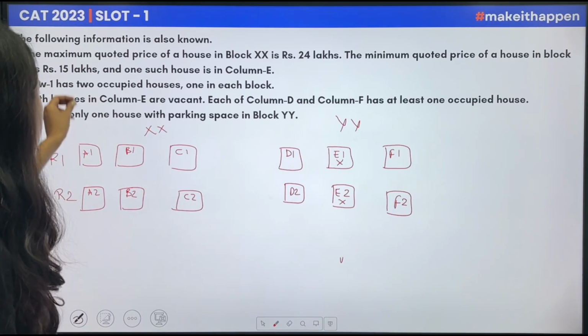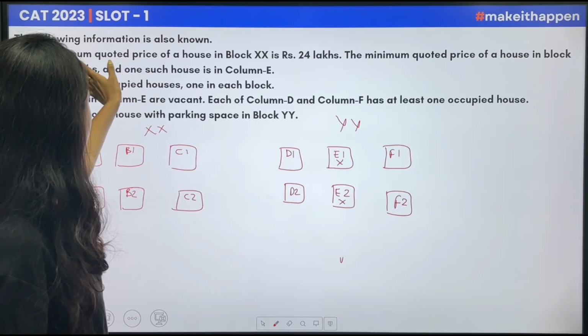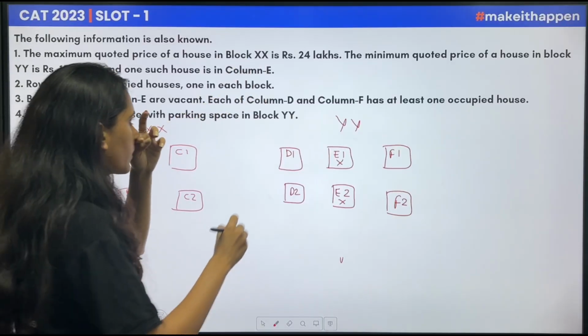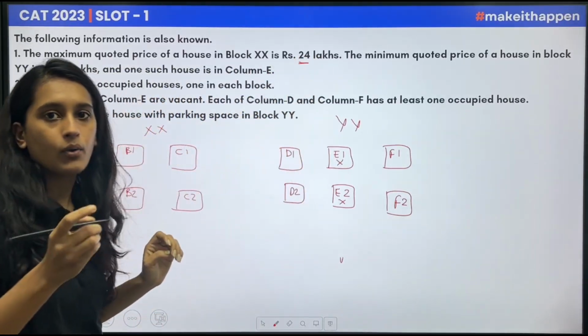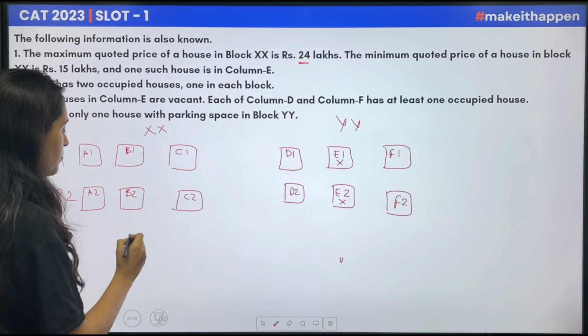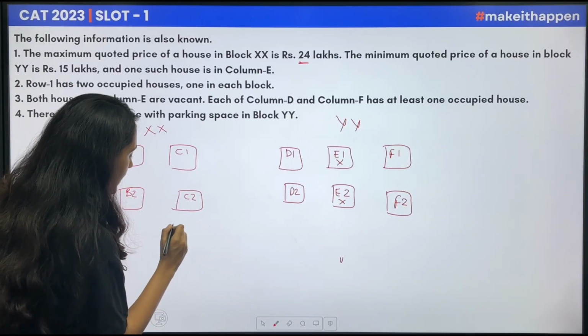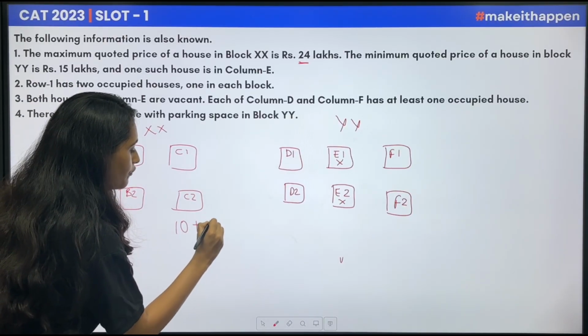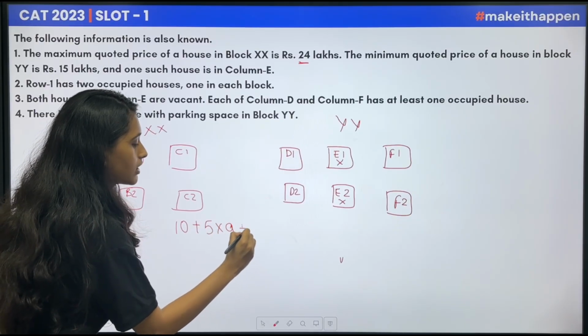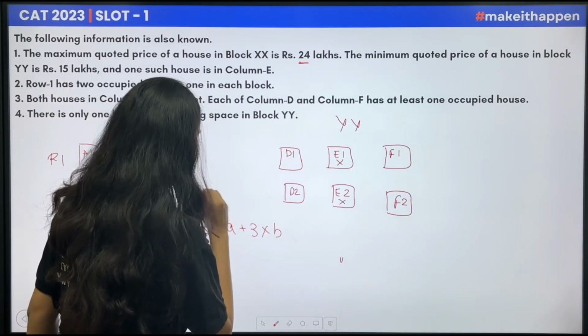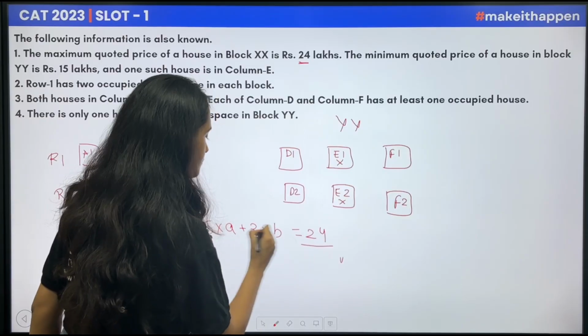Now the maximum quoted price of a house in block XX is 24. So how can we get this 24 lakh? If I take 10 plus 5 into A plus 3 into B, will I get 24?